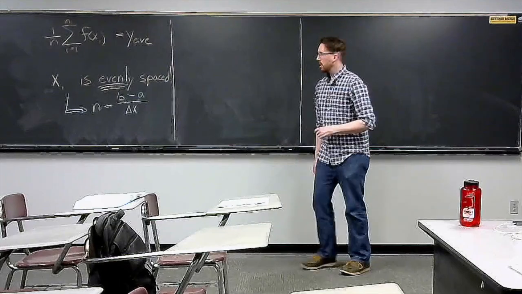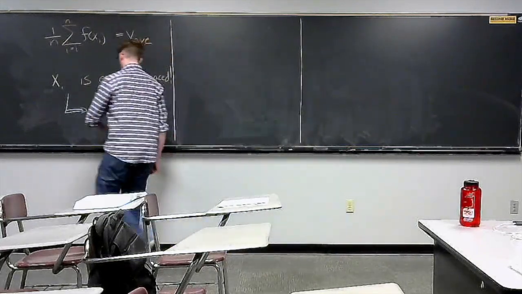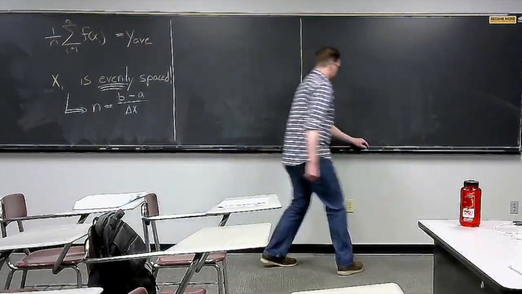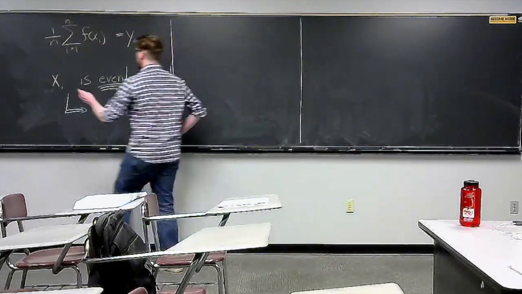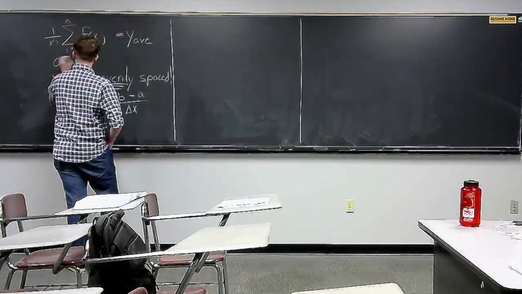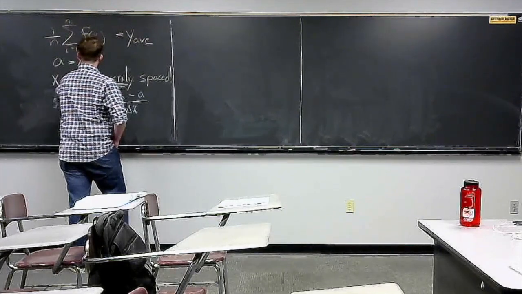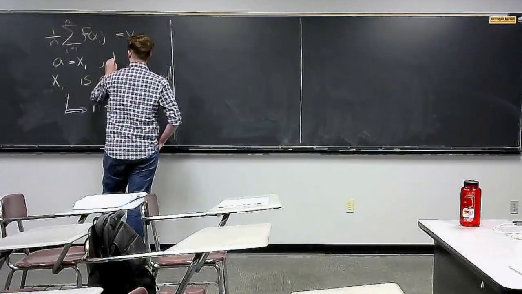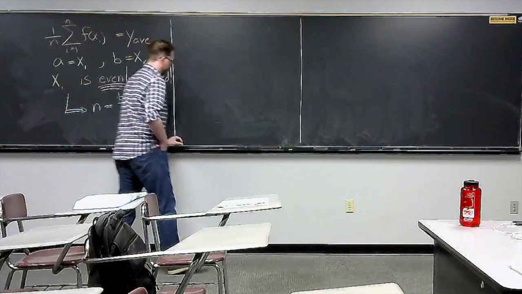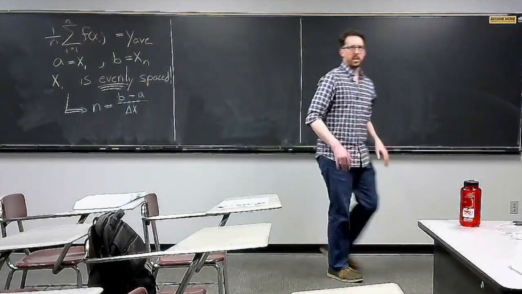That's all that is. So, just as a plug of information, a is equal to x1, and b is equal to xn. So just some details.